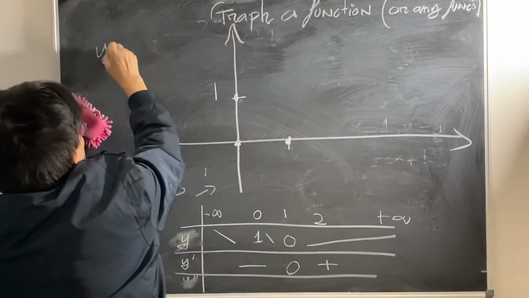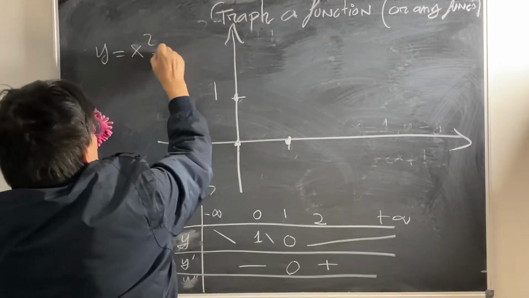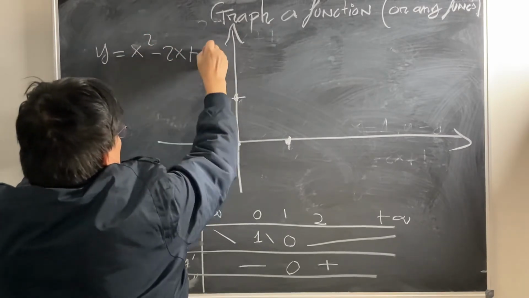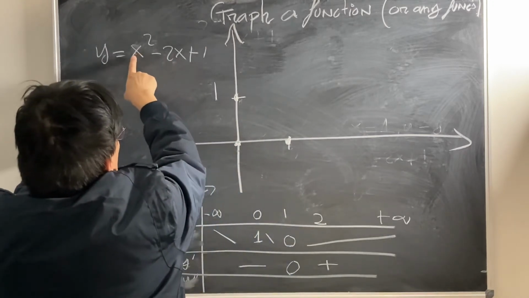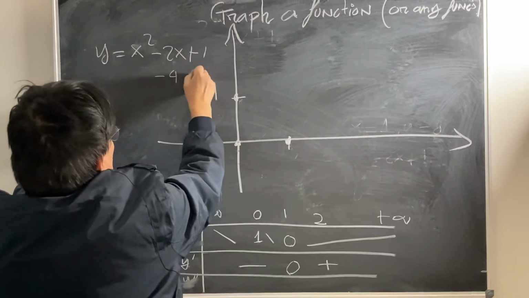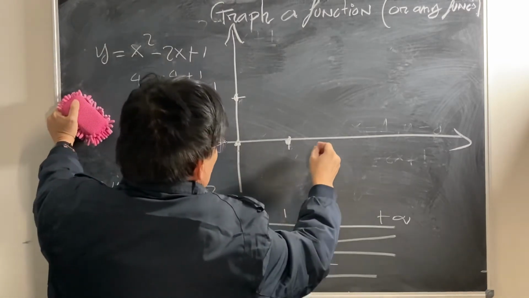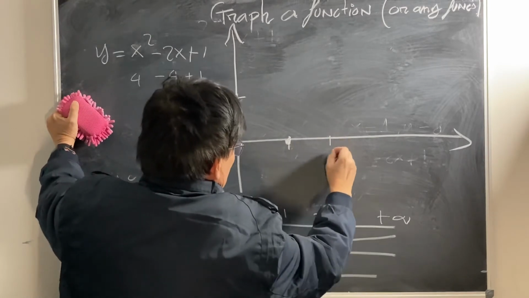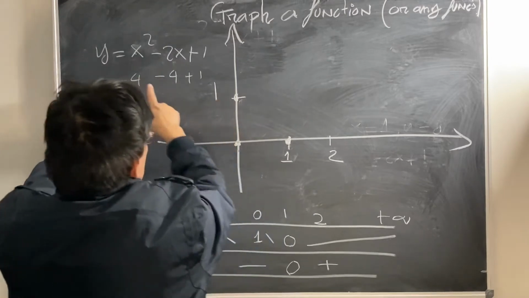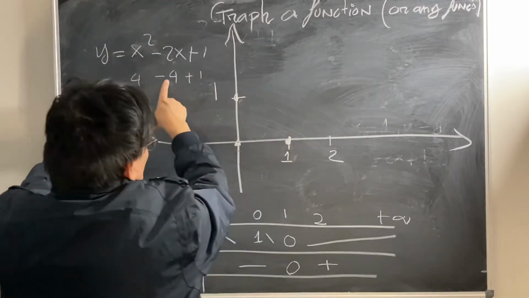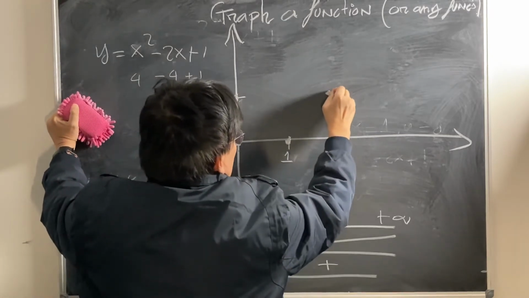The function is y equals x squared minus 2x plus 1, so 4 minus 4 plus 1 equals 1. So x equals 2, y equals 1, this point right here.